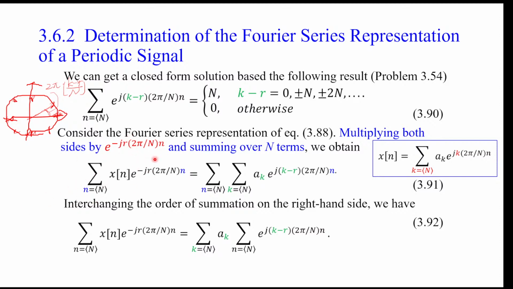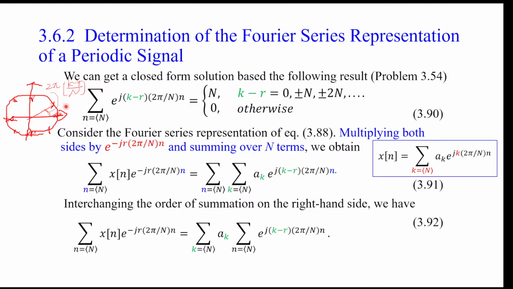We multiply by this e to the minus j r omega naught n because we think this will pick out the r-th amplitude of our synthesis equation. This will pick out the r in those e to the jk omega naught n, because we have this orthogonal relationship.